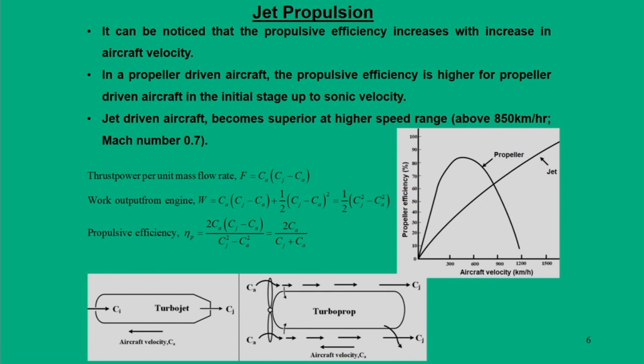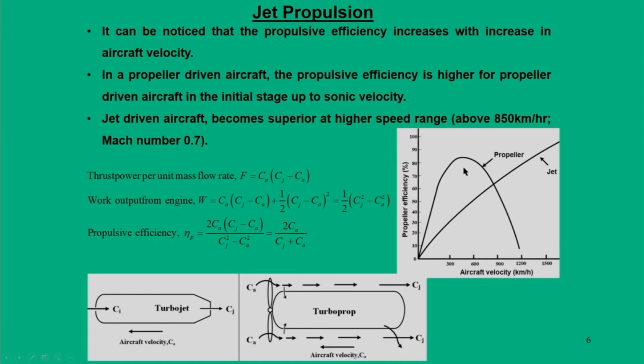But one interesting thing is that if you analyze it for a propeller driven aircraft, which is a turboprop, or a jet engine aircraft, which is a turbojet, some interesting features can be seen. What you can see is that in the beginning, when you keep on increasing the aircraft velocity, the propeller gives better propulsive efficiency as compared to the jet.